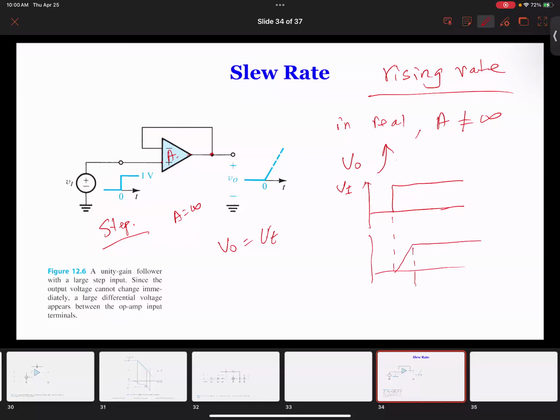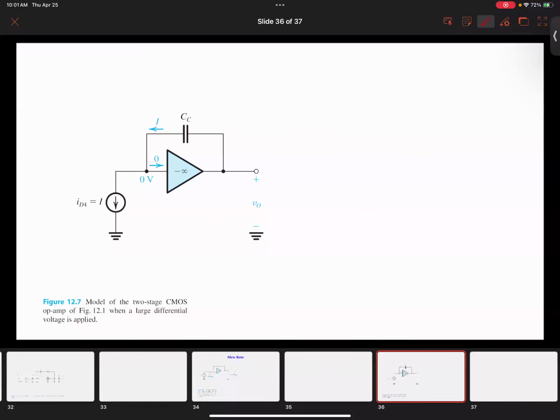The time it takes, the rising time TR, is really about the slope, the rising rate, and it's typically called the slew rate.